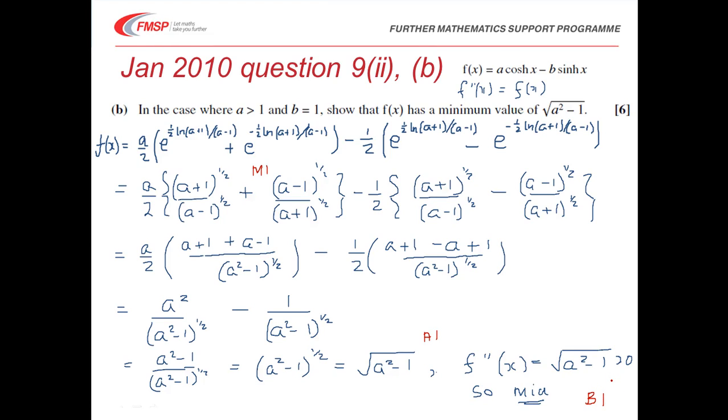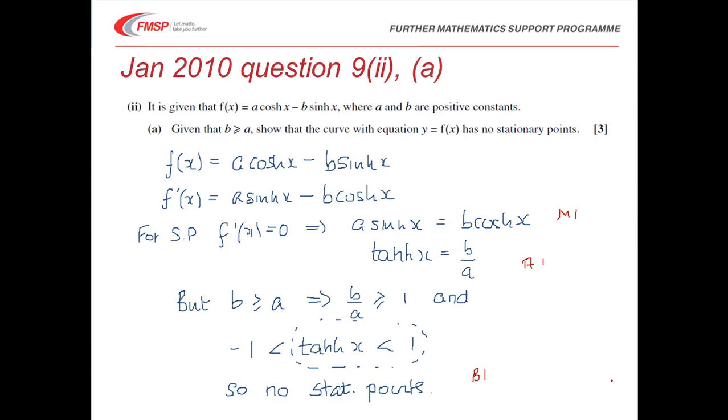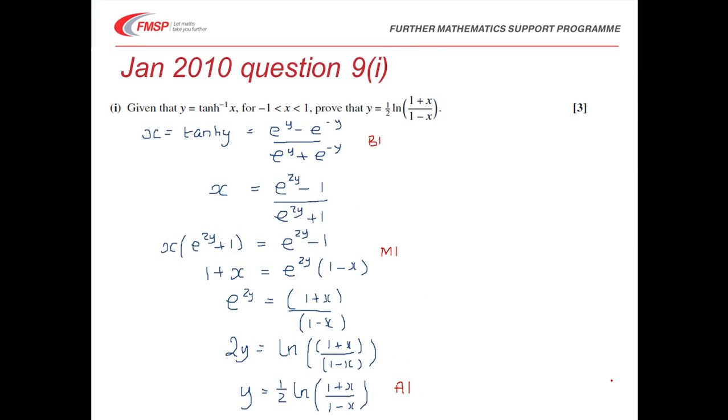So as I say, quite a lot of work for some of the marks here. But in total, we had 6 marks for that part, and if we go back, we had 3 marks for part 2 and 3 marks for part 1. So 12 marks in total for the question.